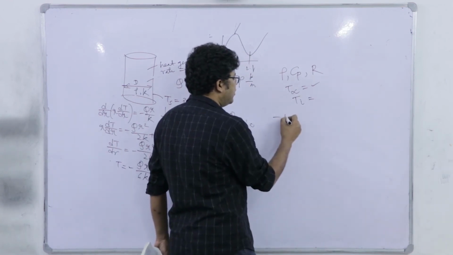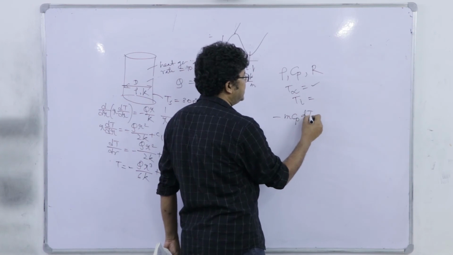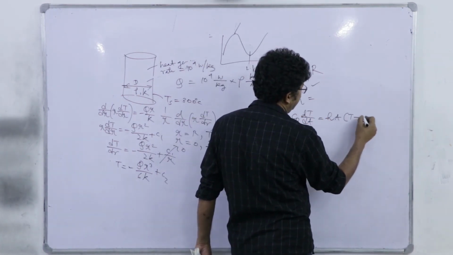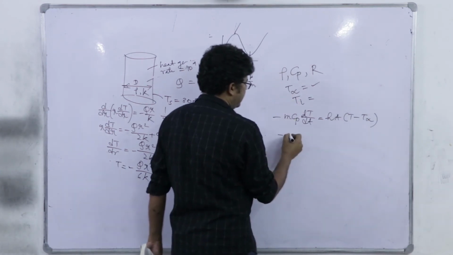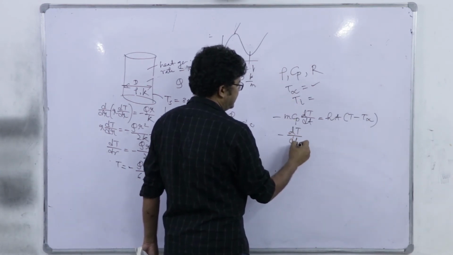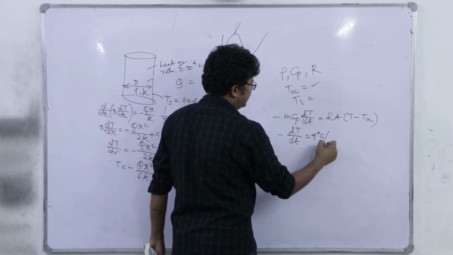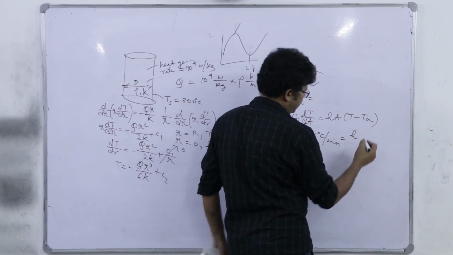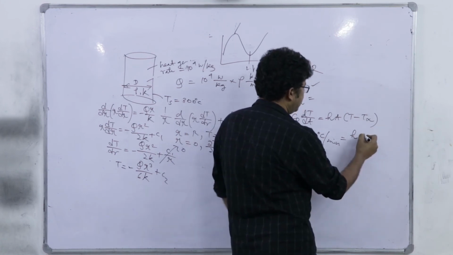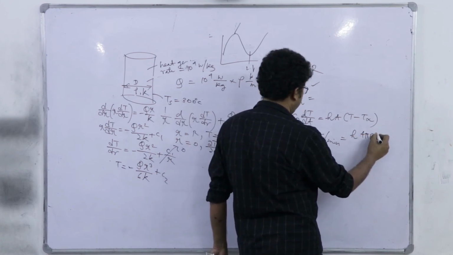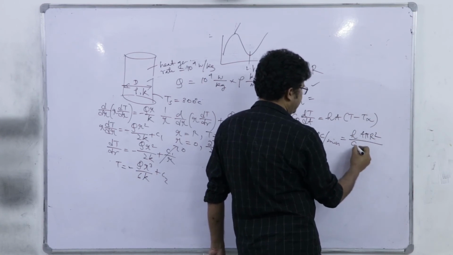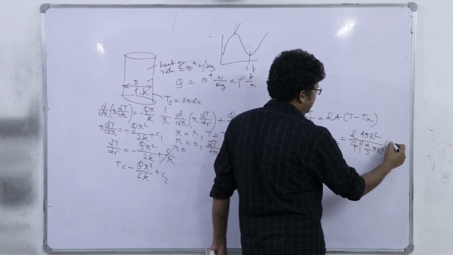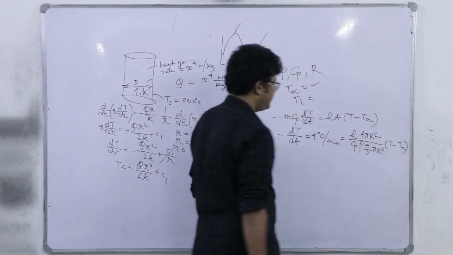So, you see we know that minus of m Cp dT/dt is equal to h into A into (T minus T infinity). So, minus of dT/dt, which is 4 degrees Celsius per minute, is basically h, and it is a spherical ball, so A is 4 pi r square, divided by Cp into rho into 4/3 pi r cube, into (T minus T infinity), right.